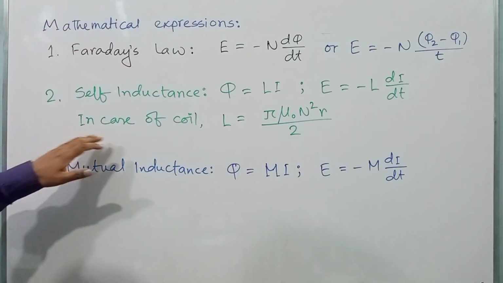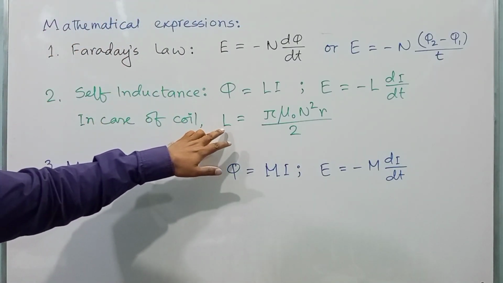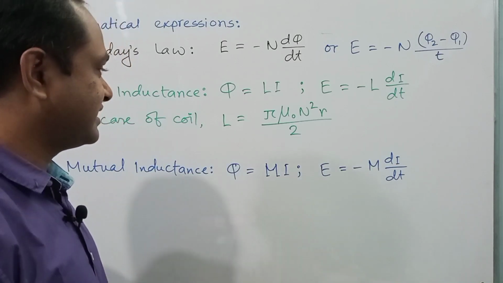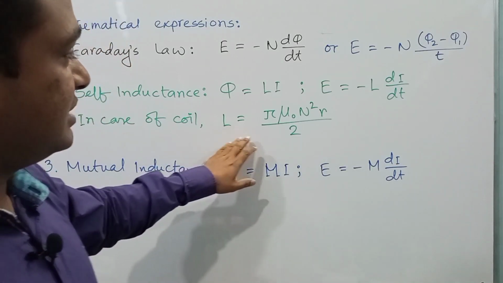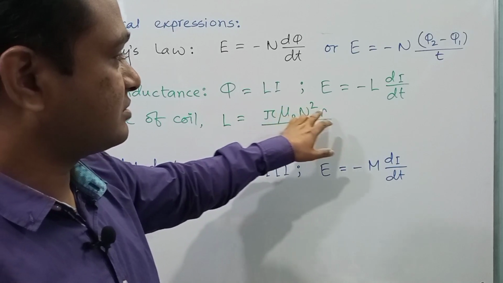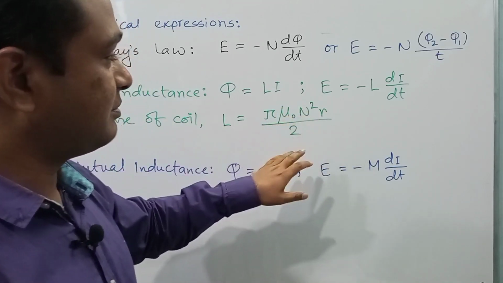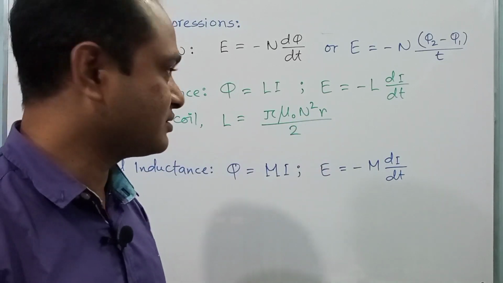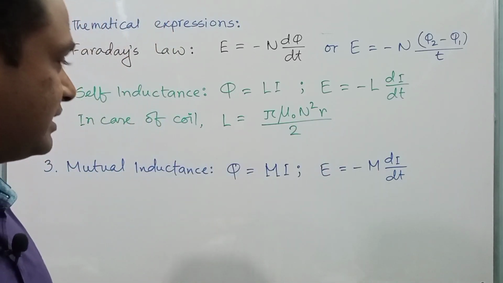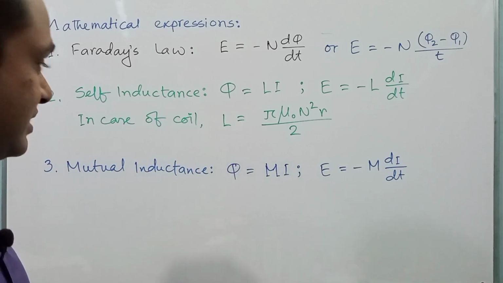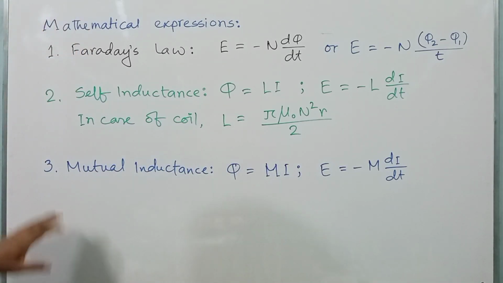In case of a coil, the self inductance L can be expressed as pi mu naught n square r divided by 2, right? Here n is the number of turns, r is the radius of the coil, and mu naught is the permeability of the vacuum medium.